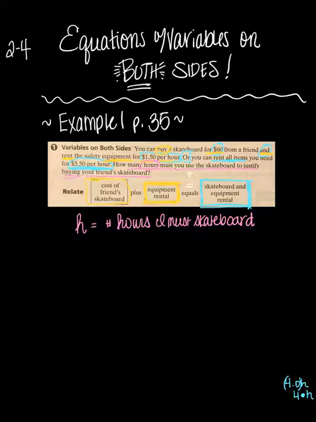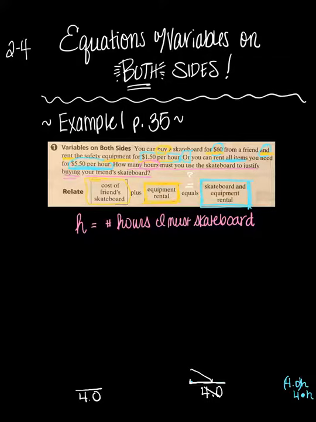So if I've got multiplication going on here, then I end up needing to divide. And I need to divide by the coefficient of h, which is this 4.0, or just 4. And I'm doing it to this side, so I also have to do it to this side.